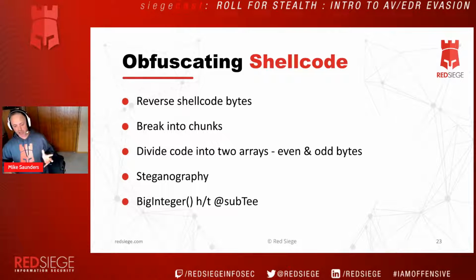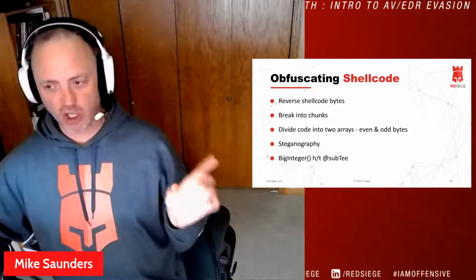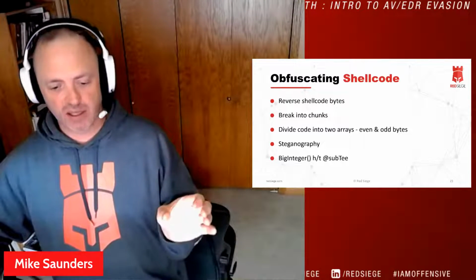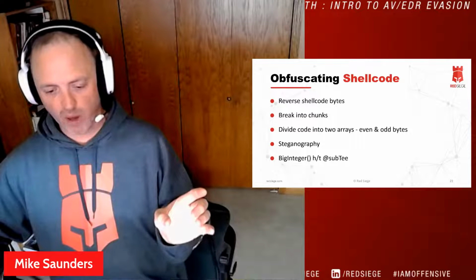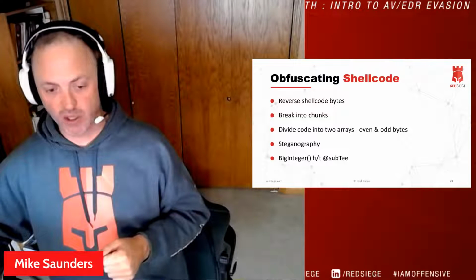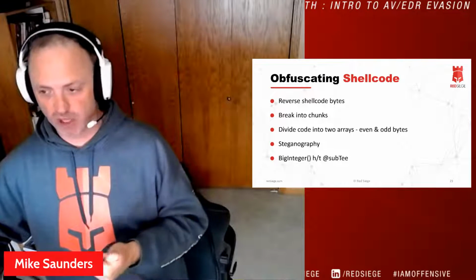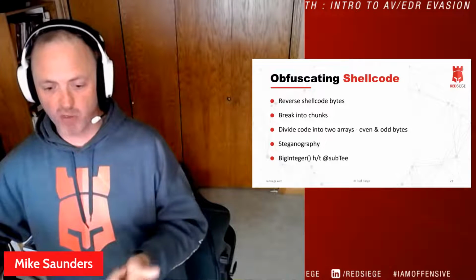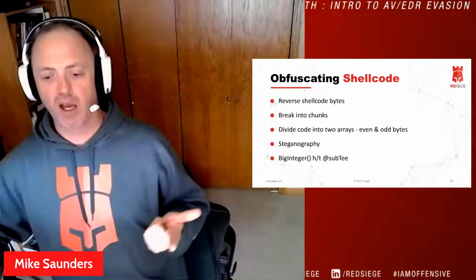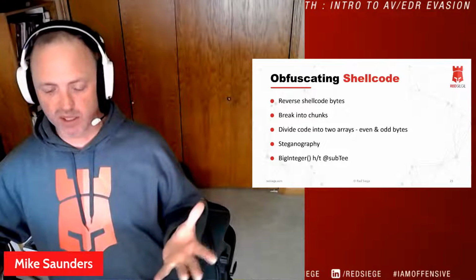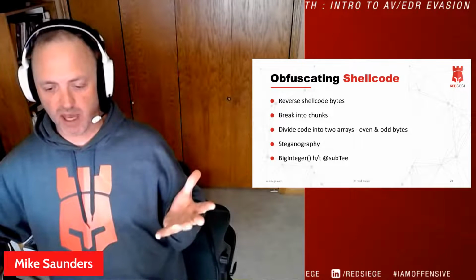And that does work. However, it's very cumbersome because there are going to be specific bytes that are signatured, whether you're using an MSFVenom generated payload, a Cobalt Strike payload, or some other well-known C2 that has been signatured.